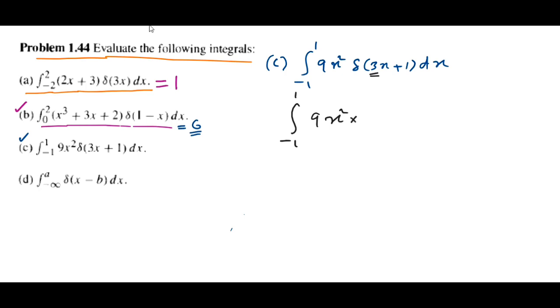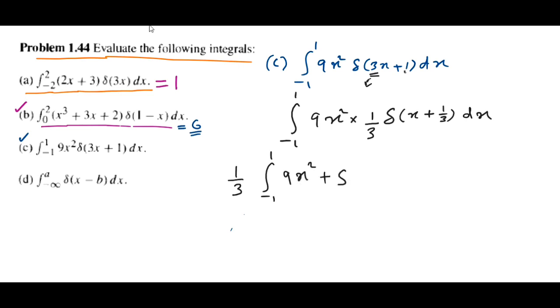We have to take 3 outside, then here it should be 1 by 3. You have to write in this fashion: dx written as 1 by 3, integral from minus 1 to 1 of 9x square into delta of x plus 1 by 3 dx.